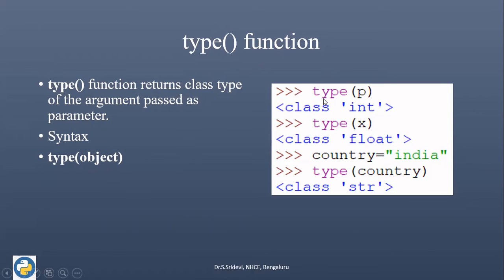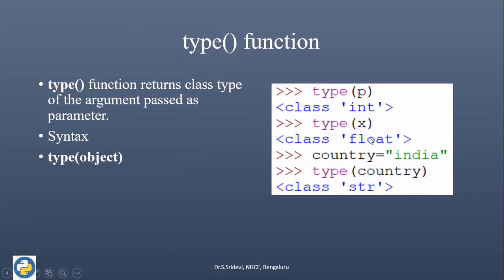For example, in the previous slides, we have created different variables p, q, then x, y. So when I call type of p, it is an integer object, so it will print the type as class int. Then if I call type of x, it will print class float because x is declared with a floating point value.